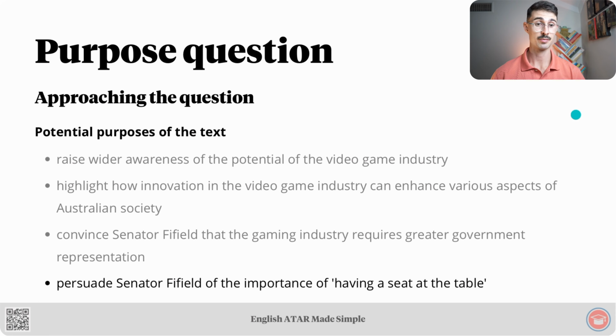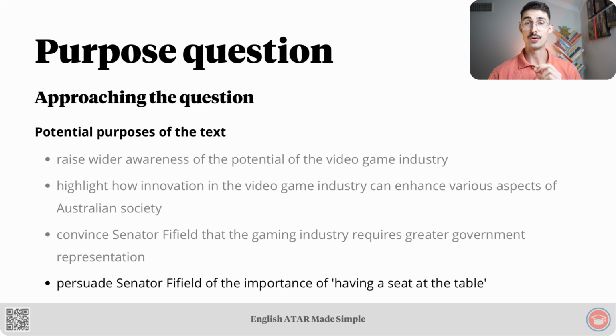And a final purpose could be to persuade Senator Fifield of the importance of having a seat at the table. Having a seat at the table would, in turn, enable the video game industry to participate in decision-making, which could ultimately allow Australia to become international leaders in the burgeoning field of games intended for non-entertainment purposes.